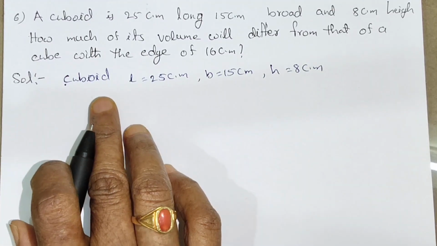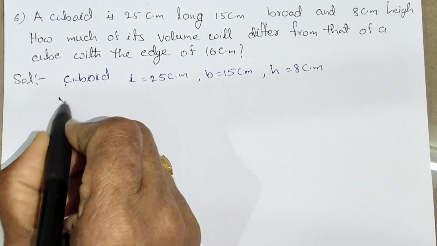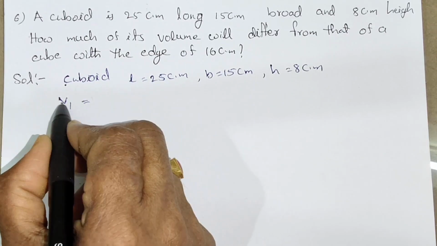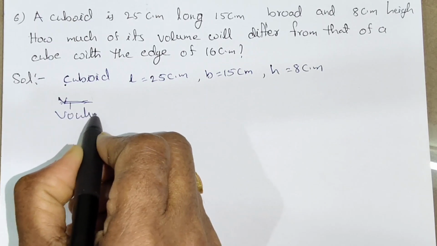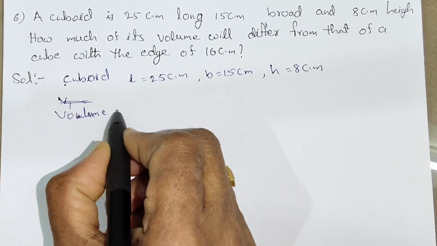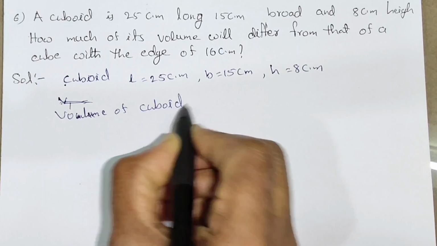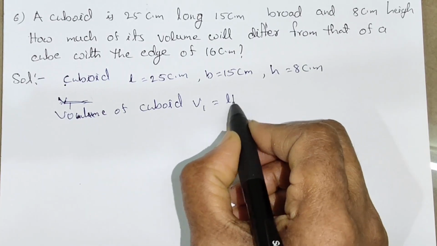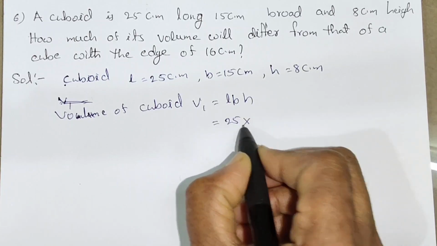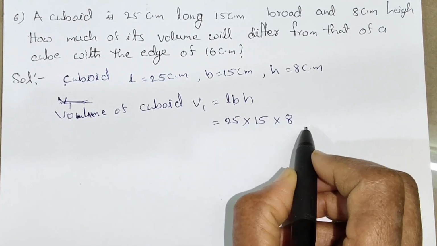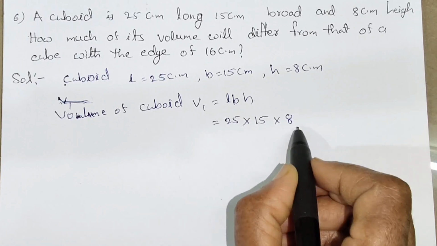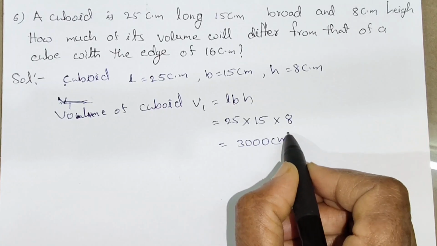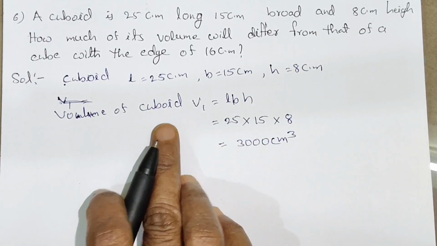Now we find the volume of the cuboid, V1, equals L1 B1 H1, which is 25 into 15 into 8. Multiply these numbers: 3000 centimeter cube is the value. So the volume of the cuboid V1 equals 3000.